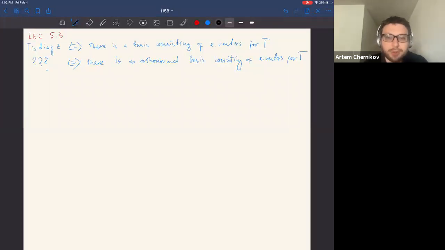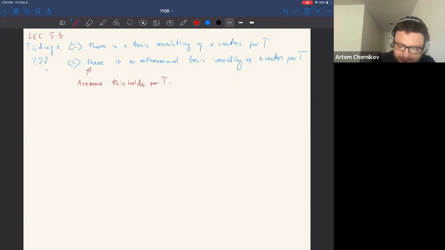Okay, so first of all, let's try to note some pattern. So assume that this holds for T. So the right-hand side, yeah. So T has a basis which is orthonormal and consists of eigenvectors.